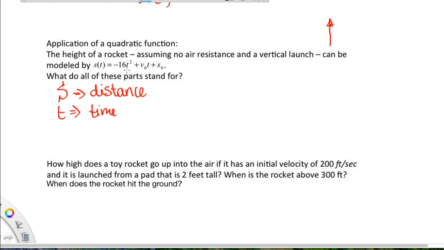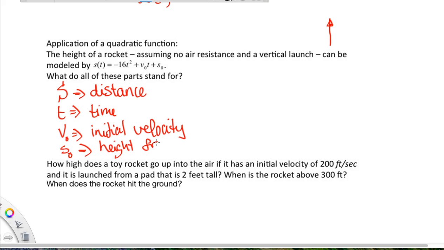This V sub 0 is the initial velocity of the rocket. That would be how fast is the rocket going when we launch it. And then S sub 0 is the height from which the rocket is launched.